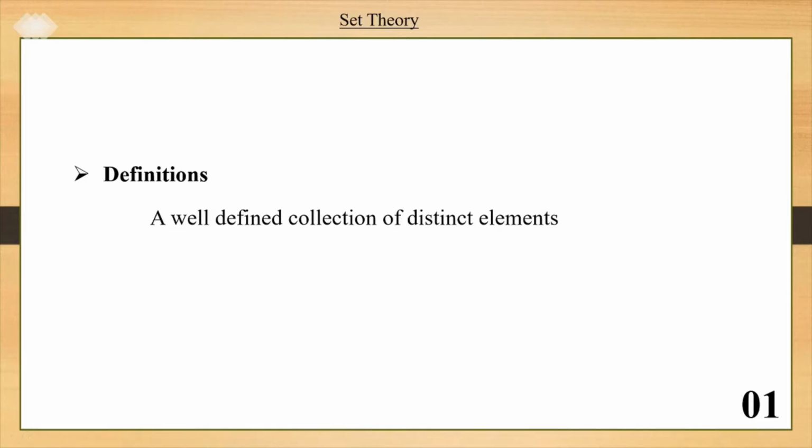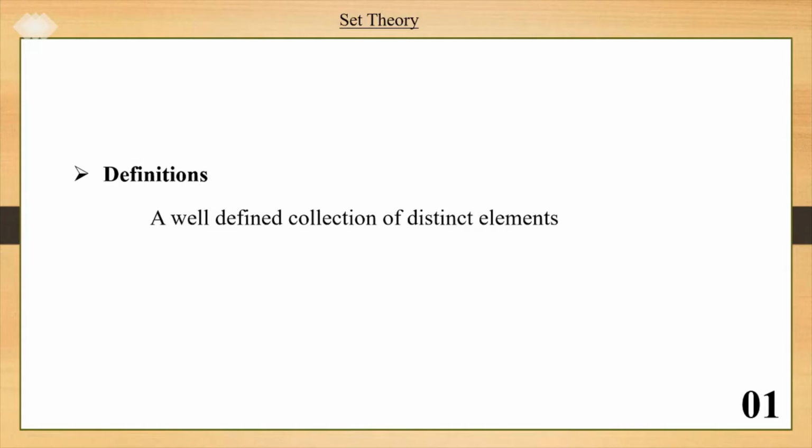We define a set in some way, and we say that the definition is well defined when, if we take any other object, we can surely say that either that member belongs to the set, or does not belong to the set, or is outside the set. That is what the term well defined indicates.